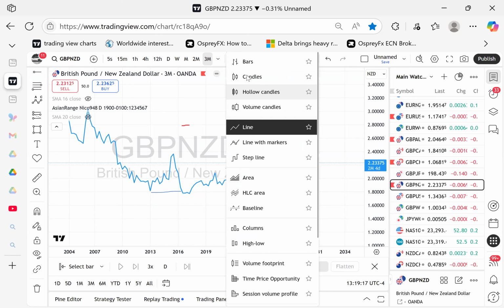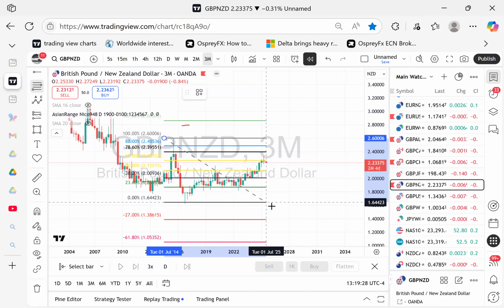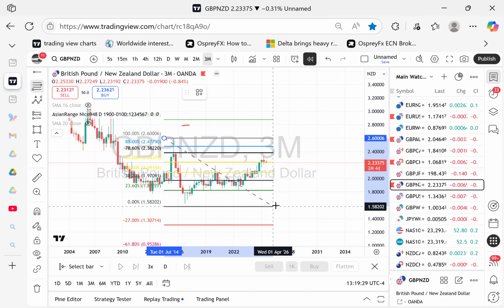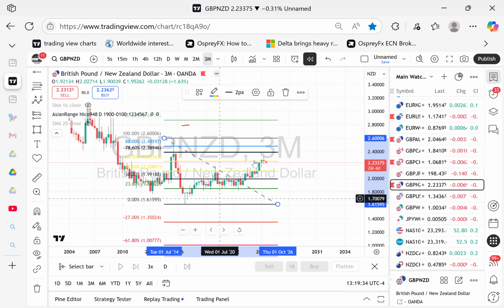So anything that happens from this break for me is a pullback. Price pushed down, and now price just pulled back.